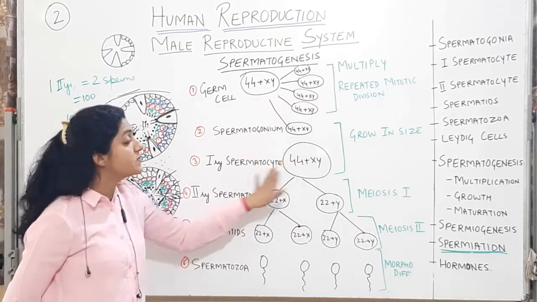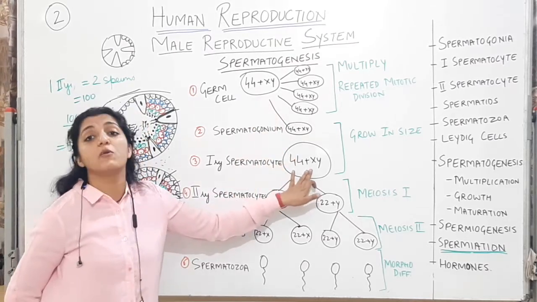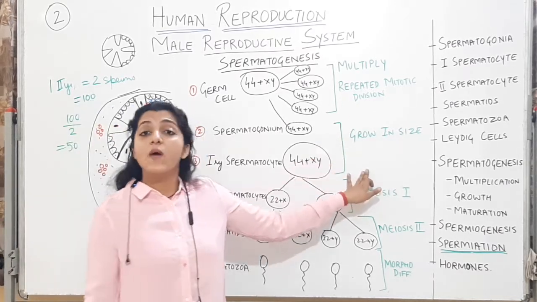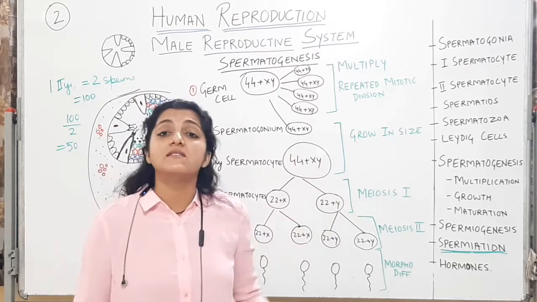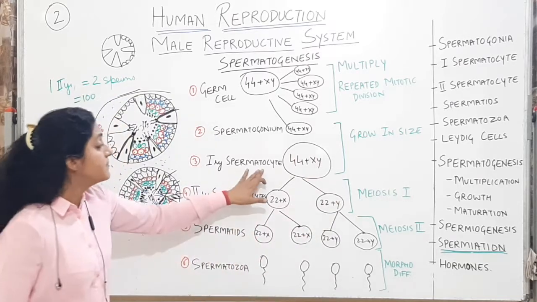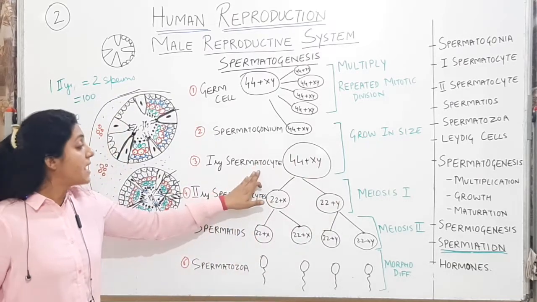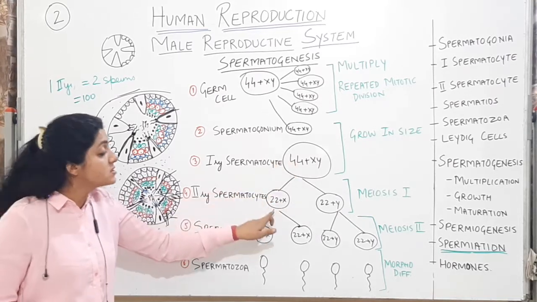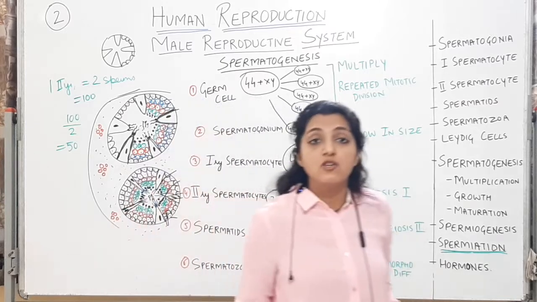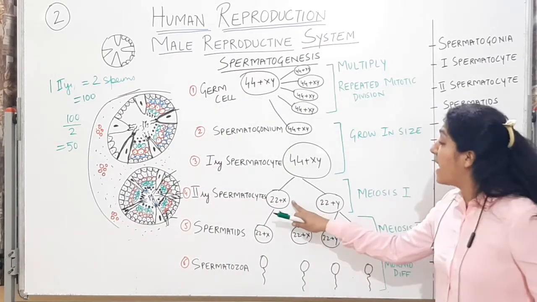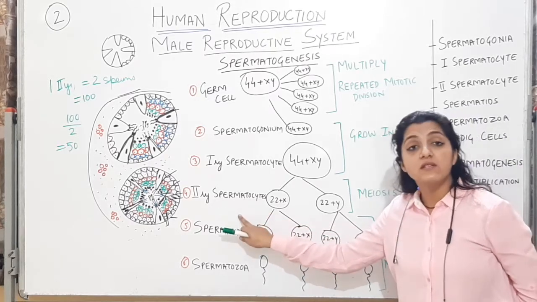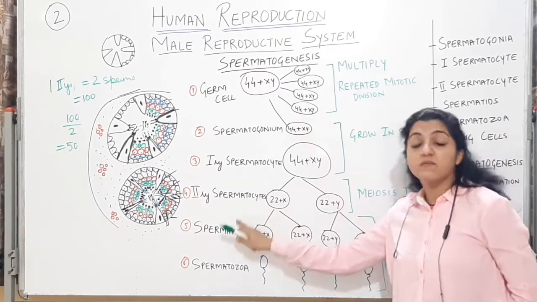We get the primary spermatocyte, which is also diploid, which has the same genetic constitution. ये है growth phase, where the spermatogonium is growing in size because of the accumulation of food. Alright, this primary spermatocyte now, which is diploid, it undergoes first meiotic division, which is a reduction division. यहाँ पे अब मिलेंगे haploid cells, which are the secondary spermatocytes. These are the first haploid cells produced in the process of spermatogenesis.